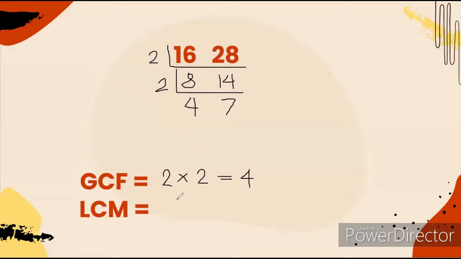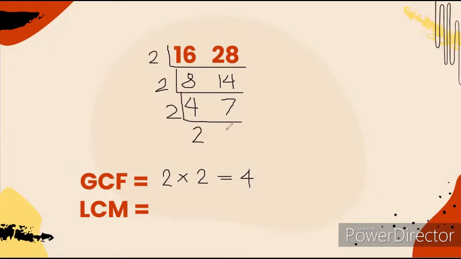In finding the LCM, we can just continue the process. Since these quotients here are 4 and 7, and 7 is already a prime number, we will make this quotient 4 a prime one too. How? By dividing again by a prime number. So 4 divided by 2, that is 2.